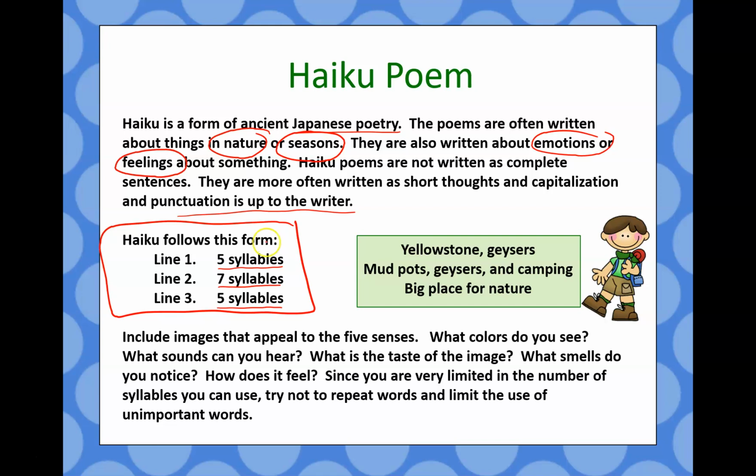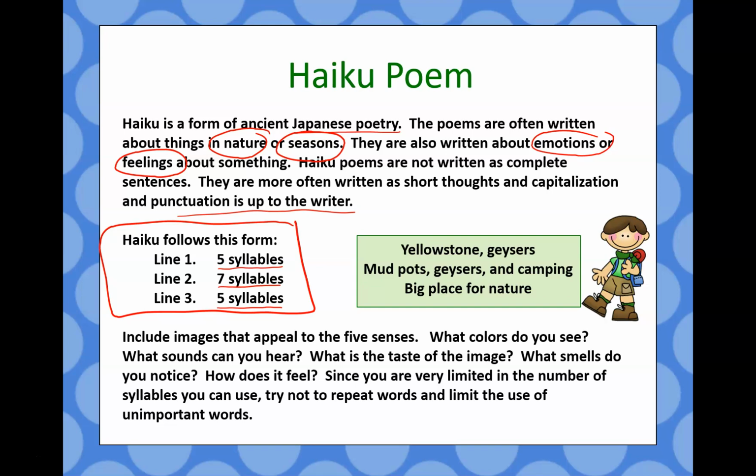So we're looking for 5 and then 7 and then 5. So: Yellowstone geysers, mud pots, geysers, and camping, big place for nature. Just to double check, Yellowstone geysers, that's 5. Mud pots, geysers, and camping, that's 7. Big place for nature, that's 5.